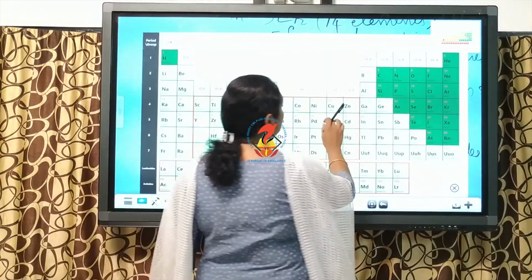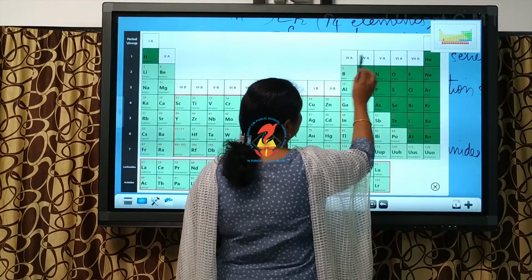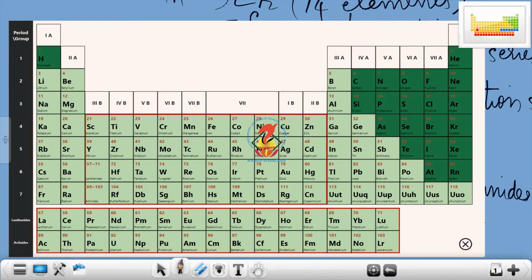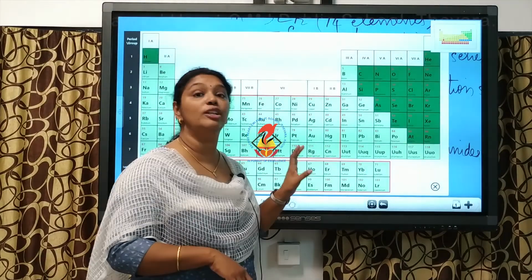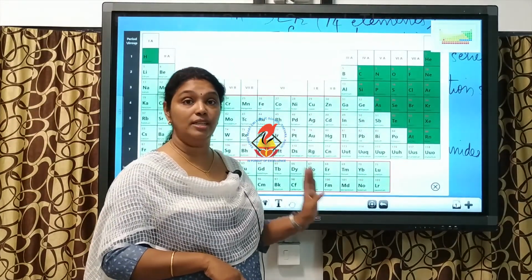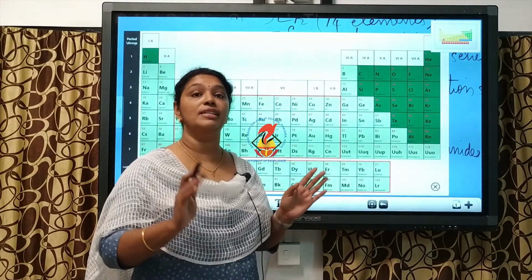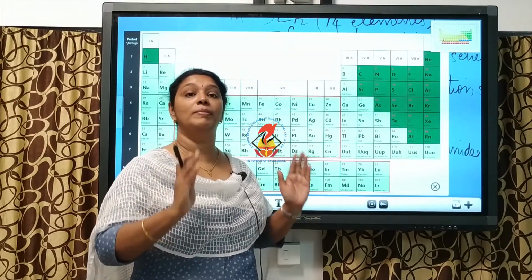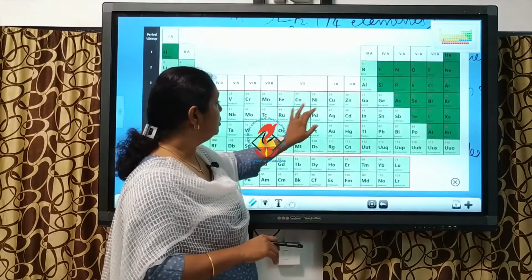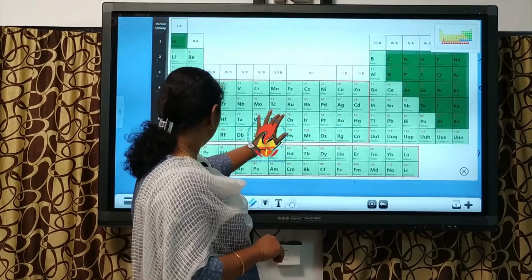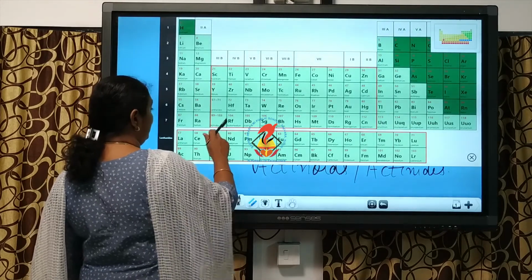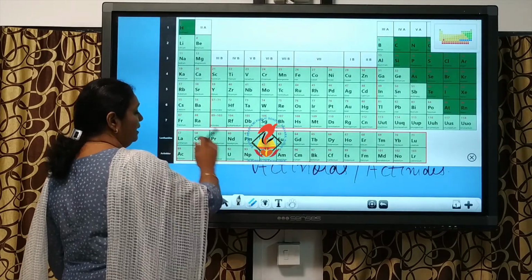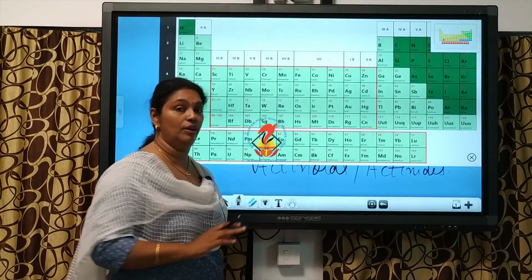And from 13 to 18, we have our elements whose p orbitals are getting filled. So you can see in the periodic table we have 18 groups in total. Now the transition elements are from group number 3 to group number 12. And you look at the inner transition series, they actually belong to group number 3 because from 3 they are taken and placed at the bottom of the periodic table.